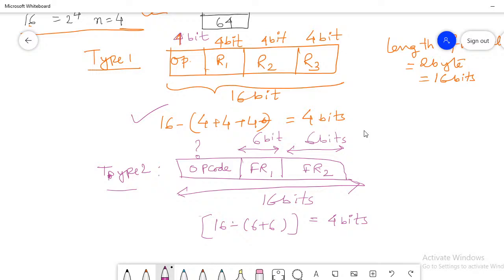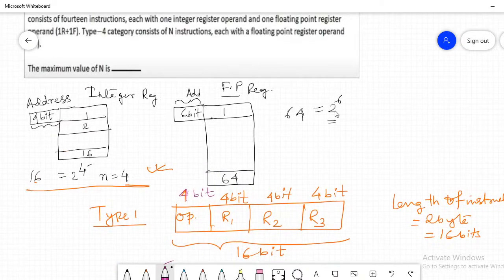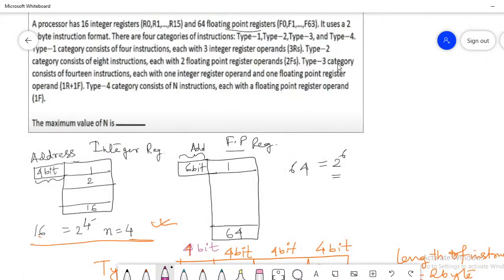Now come to type 3, because it's a lengthy question. The type 3 category consists of 14 instructions, each with 2 register operands and 1 floating point operand. Sorry, say 1 register operand and 1 floating point operand.